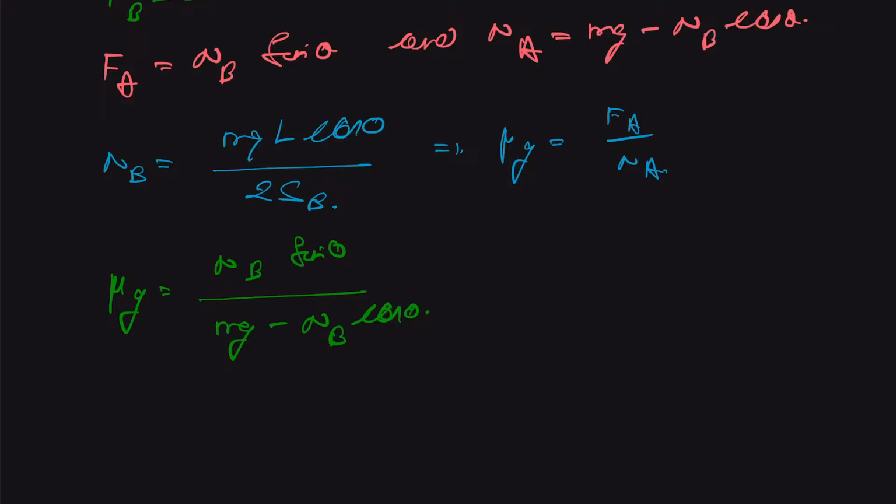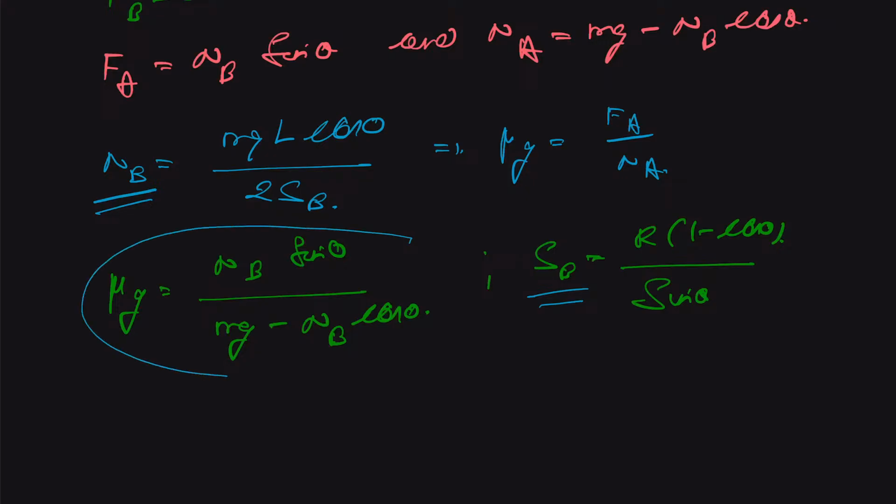And S of B we also know is equal to 1 minus cos theta divided by sine theta. So we are going to use our N of B as well as S of B and solve for this.